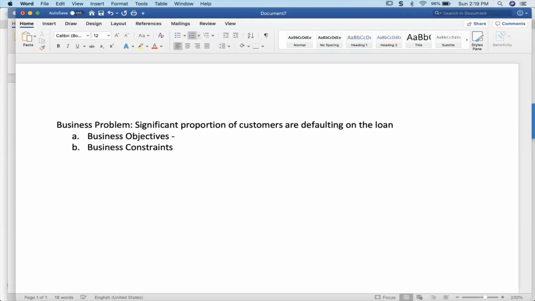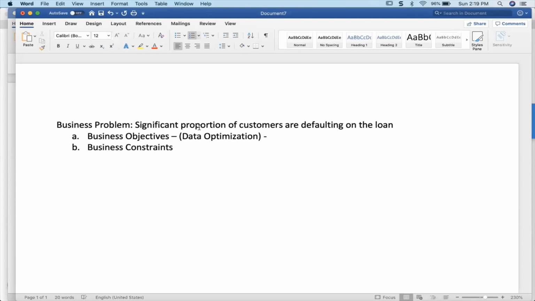Whenever you write business objectives or business constraints, you have to bear in mind something called data optimization. According to data optimization, majorly people use two terms. One is minimize, another is maximize. What do you mean by minimize and what do you mean by maximize? You will understand this.